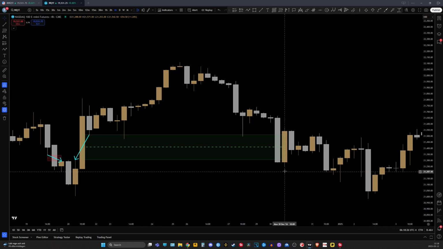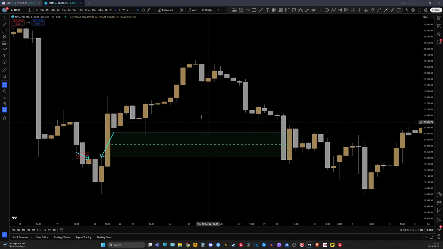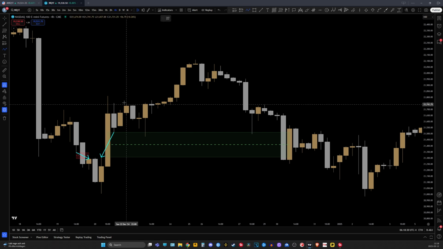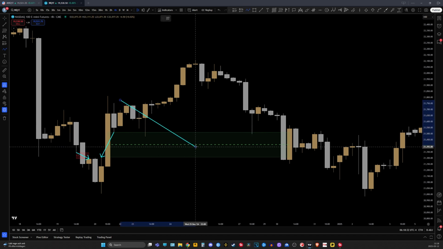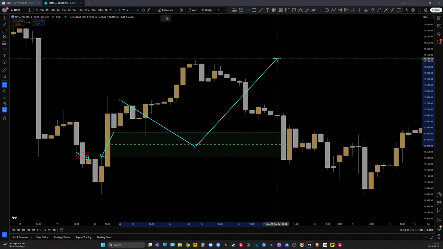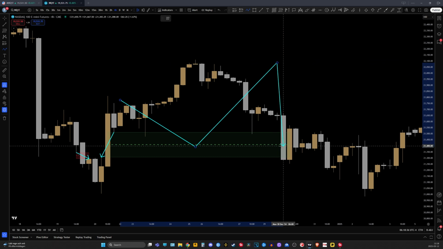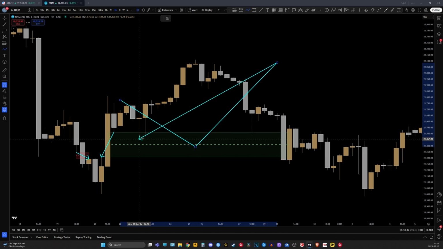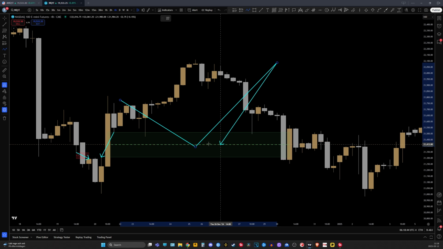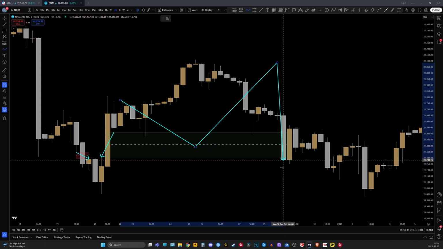And what normally happens with inversions is that where we originally expected price to come down into the fair value gap and be supported back to the upside, once the fair value gap becomes inverted like this, instead of offering support as we had in these two scenarios here, we expect the inverted fair value gap is going to actually act as resistance.